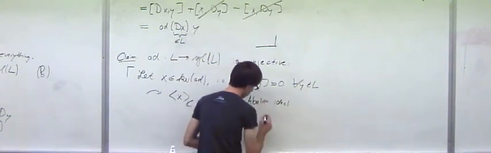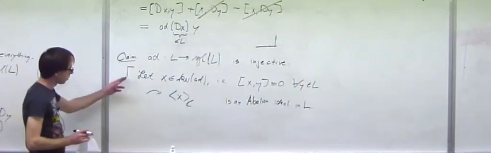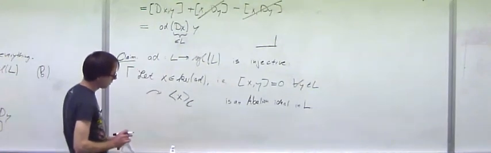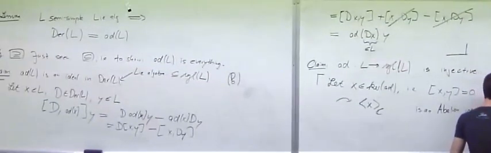So this is an abelian ideal in L. So the kernel is an abelian ideal. But if it's an abelian ideal, then it's certainly a solvable ideal.